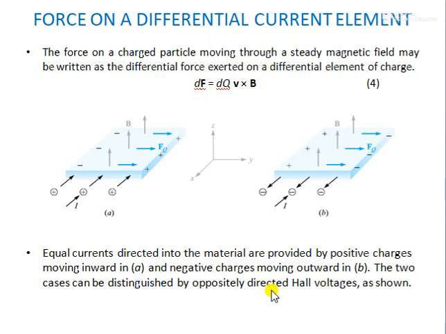So what is the Hall voltage here? The small voltage across the conductor is called the Hall voltage and its effect is called the Hall effect.